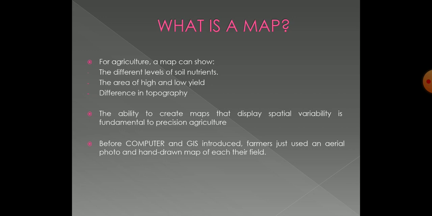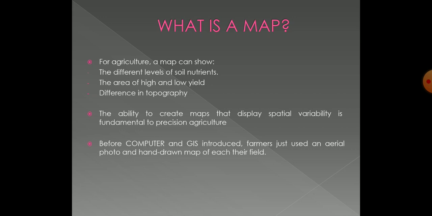Then we can find the relationship between the high yield and other attributes. For example, is it because of the soil fertility, is it because of a good irrigation management, having good pest and disease practices?